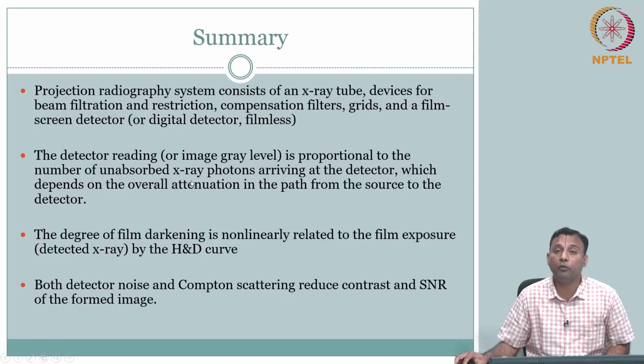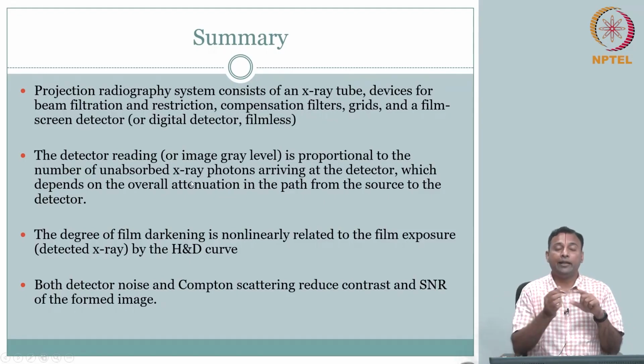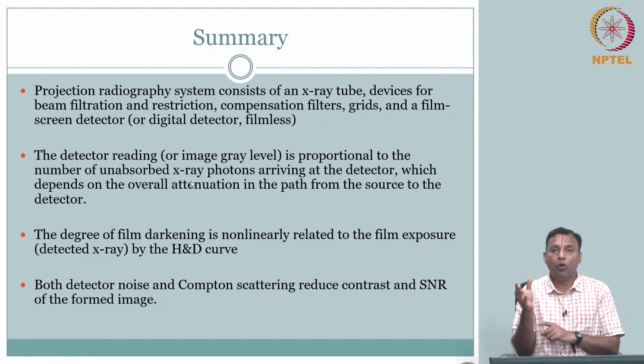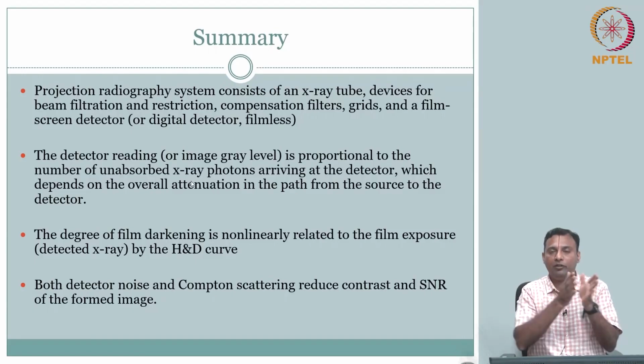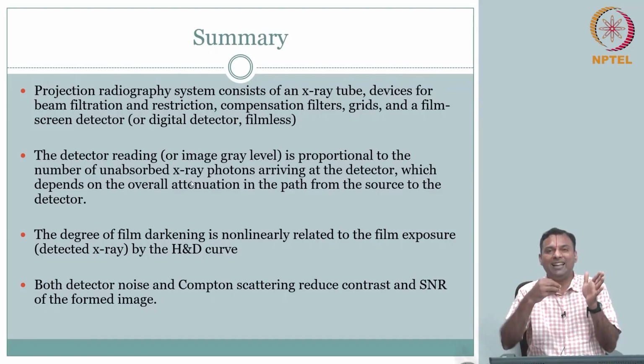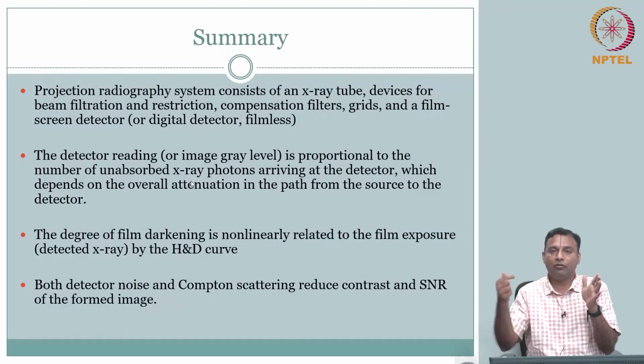So, in some sense here you have to think about why in a typical X-ray, bone comes out to be white. If you have a fracture, the fracture comes out dark. Why is bone white? Because there is more attenuation. So, the film is exposed by fewer photons because the bones absorb the X-ray photons.